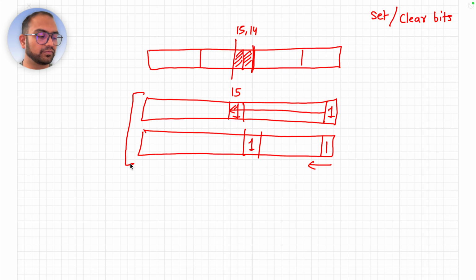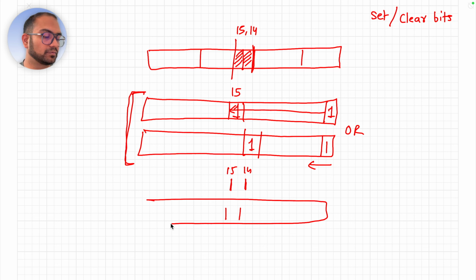Then can you think of an operation that can give us 1, 1 in the 14th and 15th position? Well, if we OR both of these, we'll get something like so. All zeros here, all zeros here. Great. So the ORing operation is used to kind of enable bits.